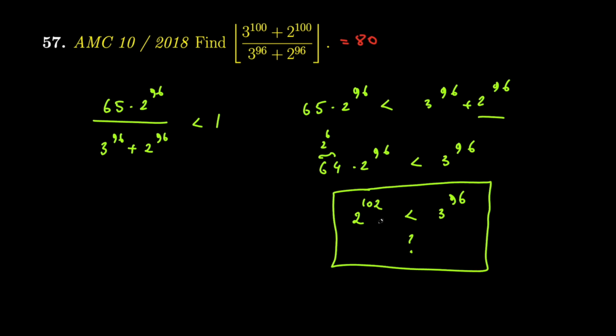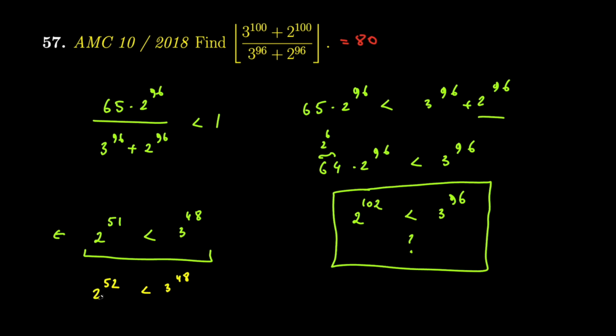To make it a little simpler, you can take the square roots: 2^51 and 3^48. Which one is greater? Even if we go with the power of 52, 2^52 or 3^48, which one is greater?